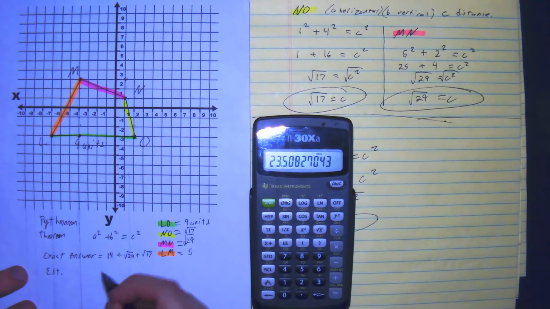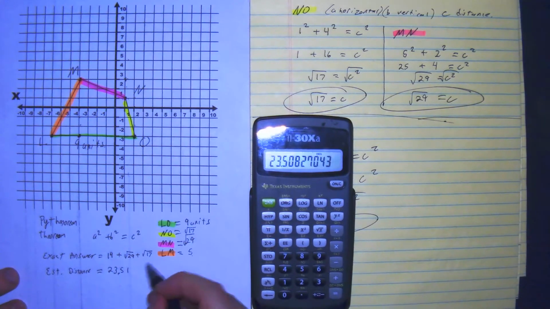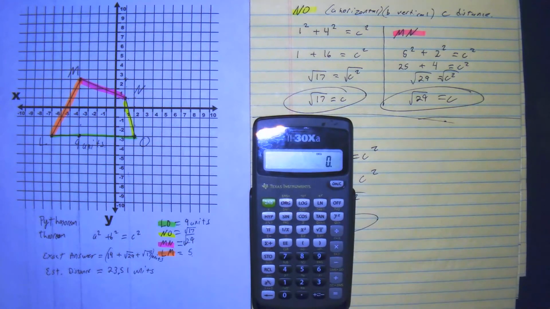To the nearest hundredth, an estimate of the distance is equal to 23.51. Here we can use units. So 23.51. We'll do it twice to make sure we did it right. You do 14 plus the square root of 29, plus the square root of 17 equals, and you get 23.51.